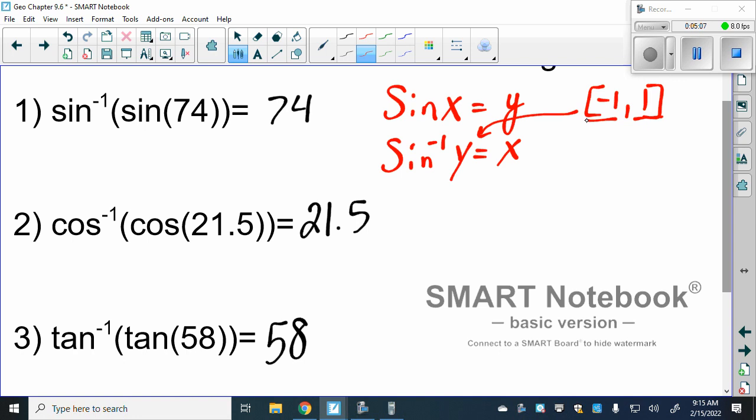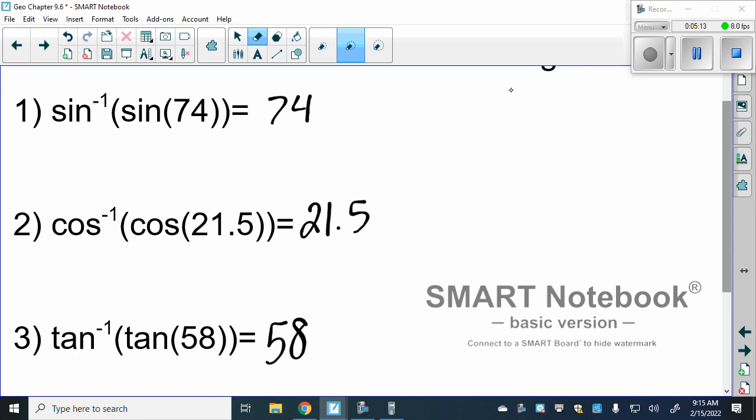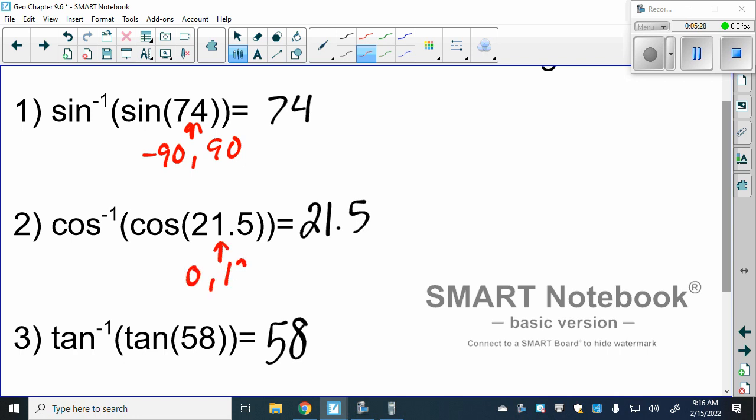So there are some restrictions, and it gets a bit trickier outside the range. For sine, it's between negative 90 and 90 degrees, and for cosine, this works well between 0 and 180. It's based off the functions.